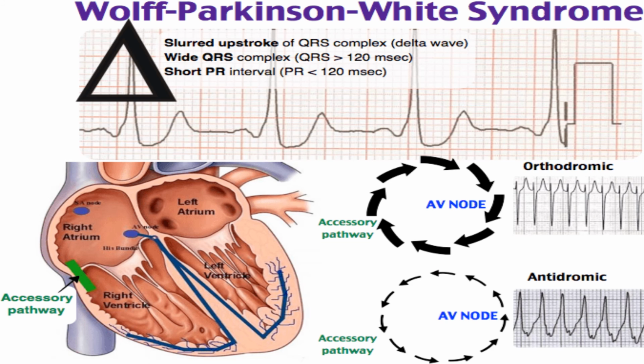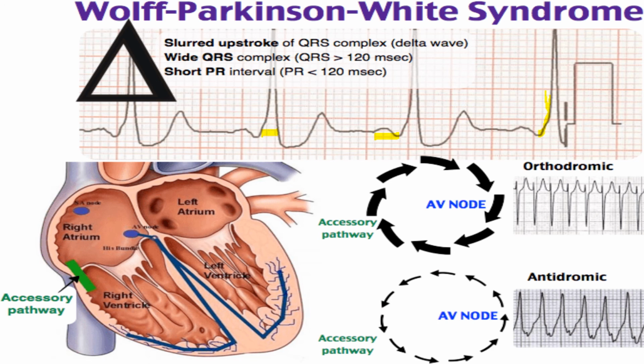So, as a summary in this slide, Wolff-Parkinson-White syndrome shows a short PR interval less than 120 milliseconds, a wide QRS duration more than 120 milliseconds, and a slurred upstroke of the QRS complex, the delta wave.